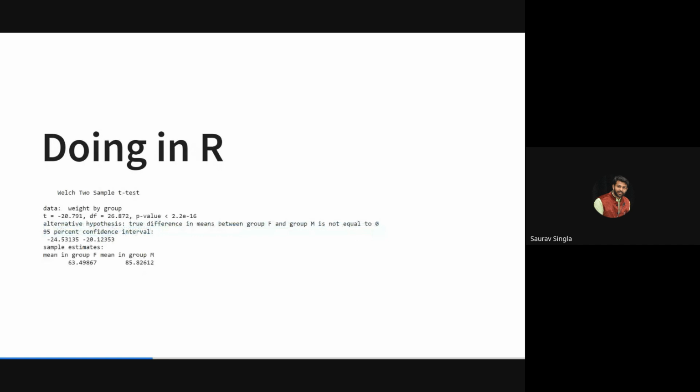So the computer is also stating the alternate hypothesis that was used during the test, because in case of t-test there are three types of alternate hypothesis possible. So let's not go into that. In this particular test, it was used that group F mean is not equal to group M mean, that the true difference is not equal to 0.